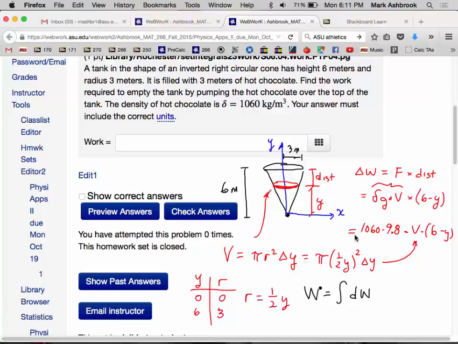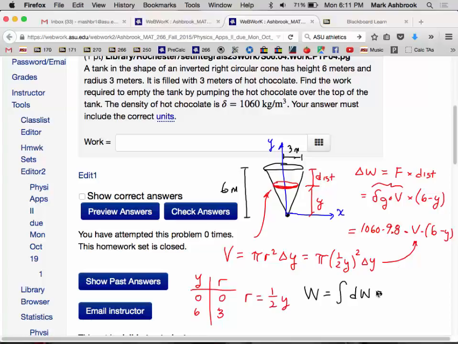That's an important principle, because you're going to get a different context, it could be some other kind of physical thing, but this principle applies: if you want to get a total amount of something, you sum up all the little amounts of that thing. Total work is the sum of little amounts of work. Total force is the sum of little amounts of force. Total mass is the sum of little amounts of mass.